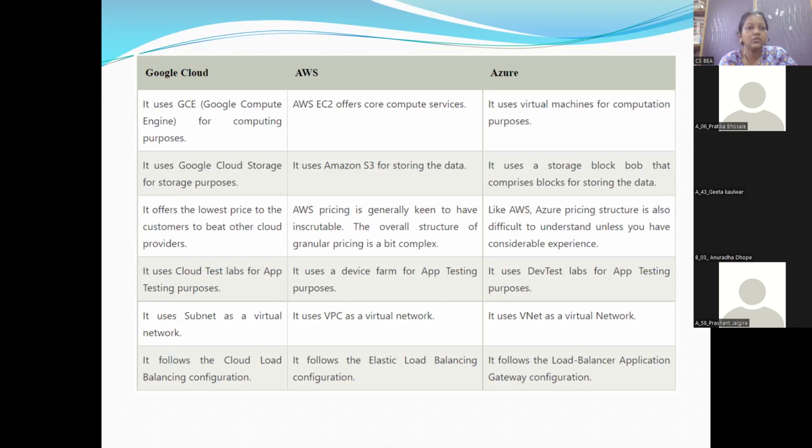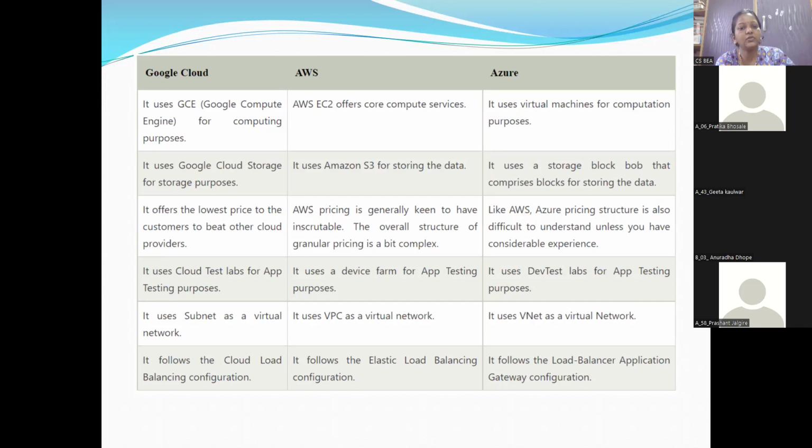Then Google Cloud uses Cloud Test Lab for app testing purposes. AWS uses Device Farm for app testing, and Azure uses DevTest Labs.